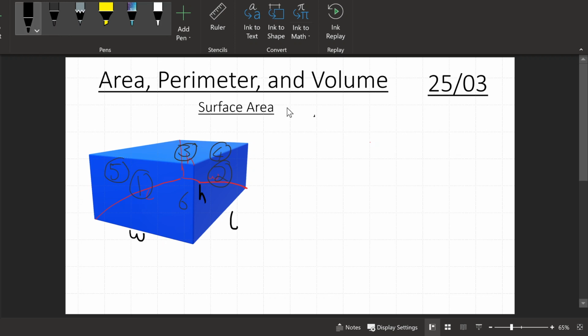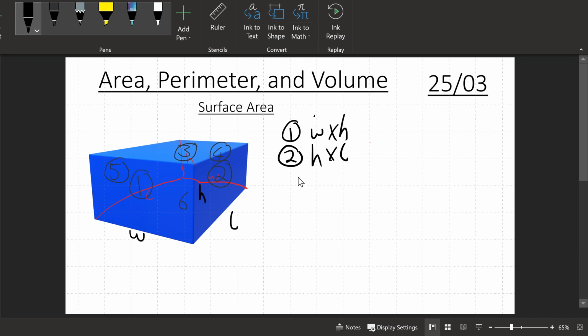So side 1, that's going to be width by height. Okay. Side 2 here, that's going to be height by length. So I'll do that again. Height by length.